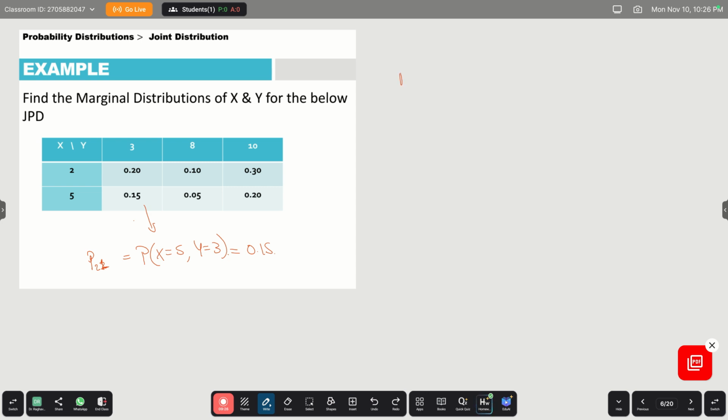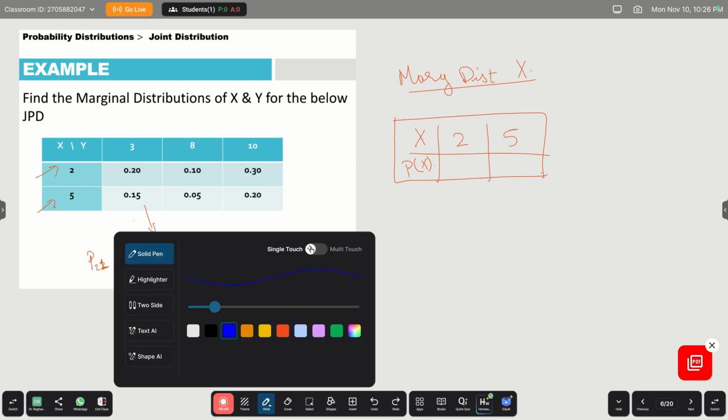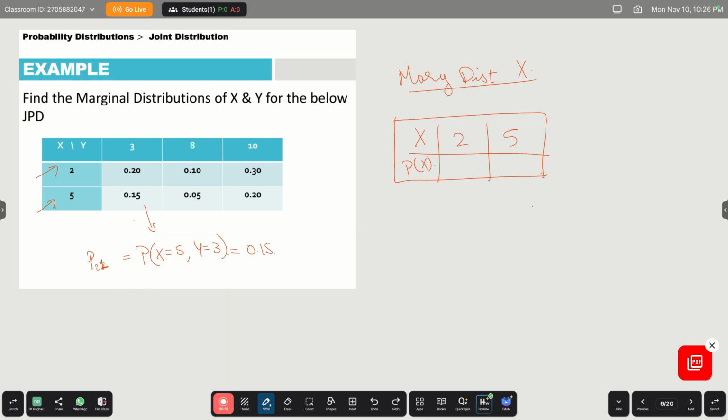But the question is to separate x and y. I want the marginal distribution of x. Here x takes two values, 2 and 5: 2 is the first value and 5 is the second value. I need to find the probabilities. The first value is 2. What is the probability that x is 2? How do I get this?